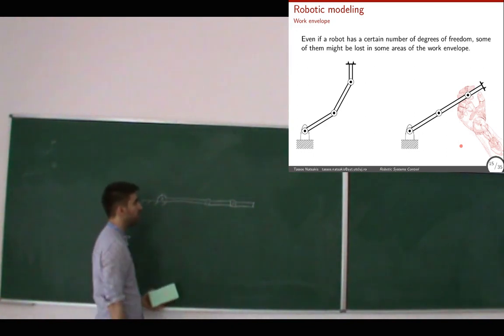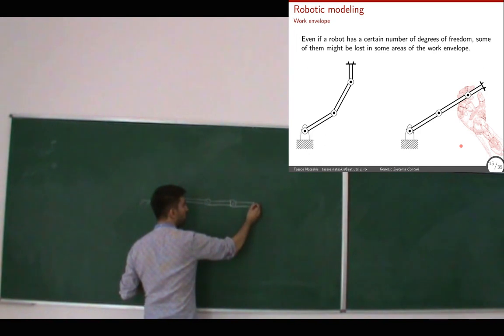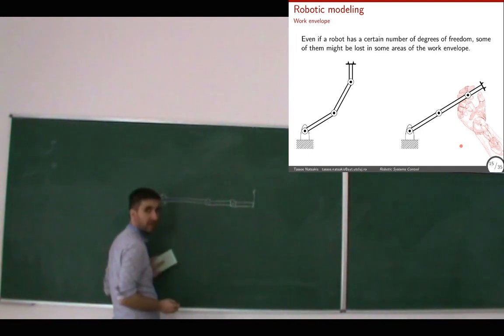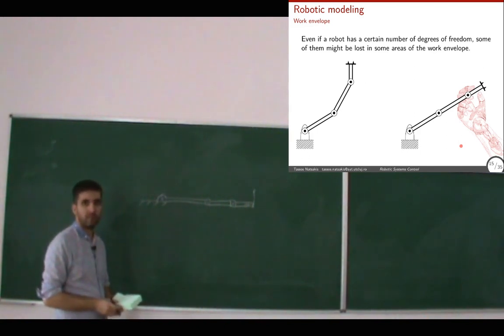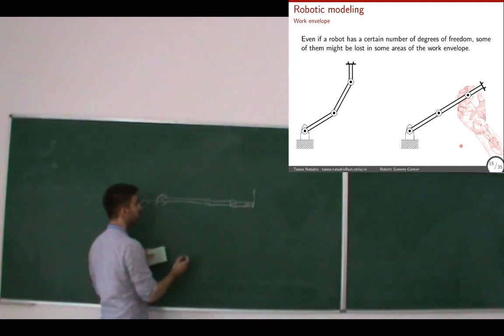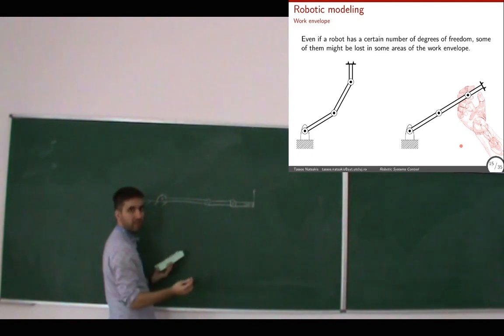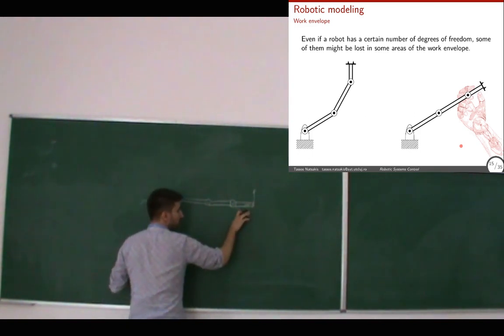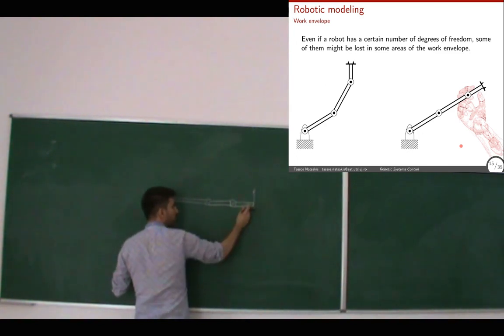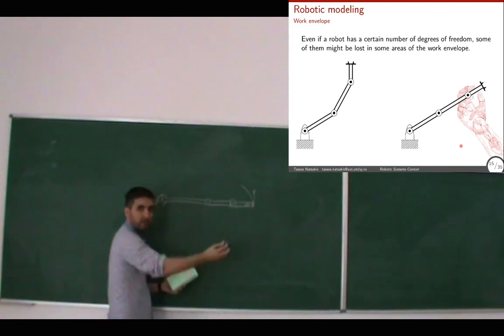Now in this case, I cannot move in the Y direction without changing the X direction, because that would mean that the robot becomes longer somehow. If this is fully extended, it cannot go further in this direction, and if I try to move up, it's going to curve back slightly.